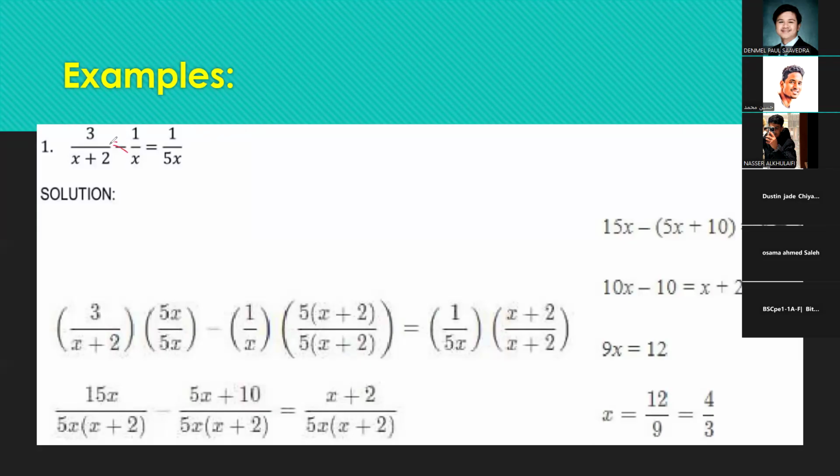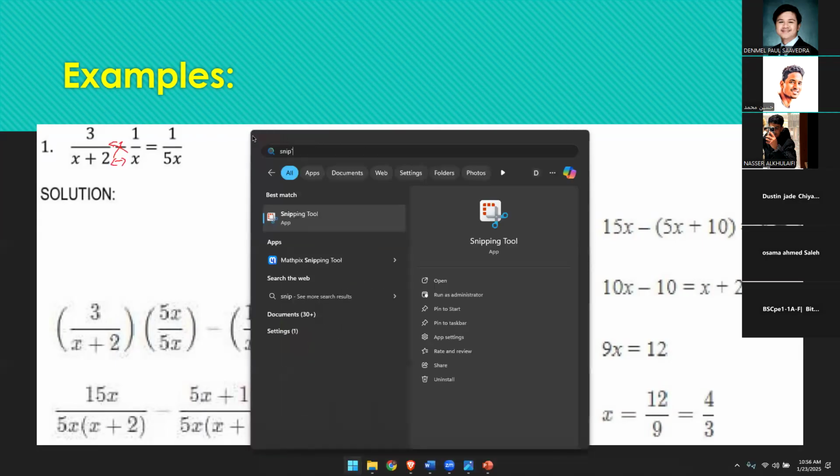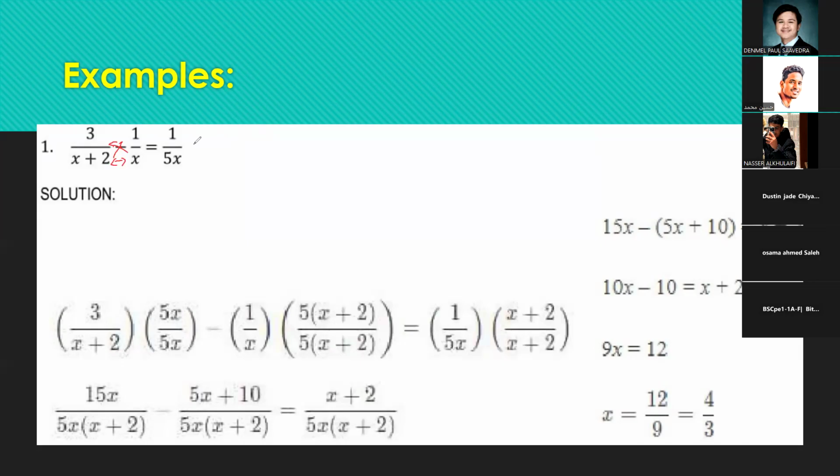Okay, so cross multiplication first. So 3 times x is 3x. Okay, let me place it here so that it would be closer and then we would have more space. 3x minus 1 times x plus 2 is still x plus 2, over x plus 2 times x.